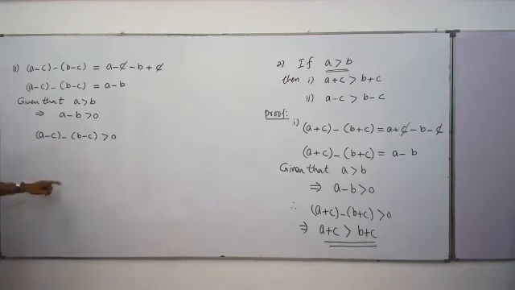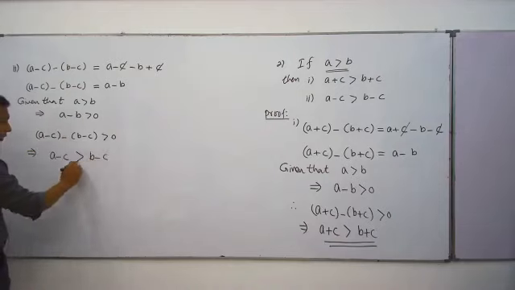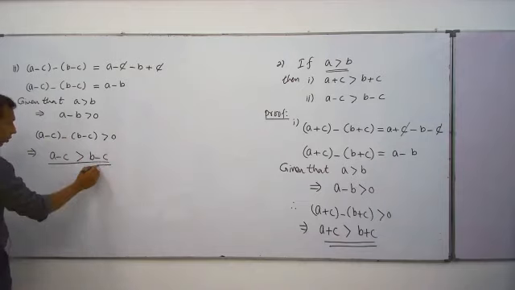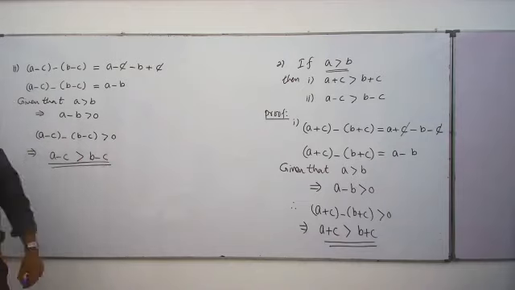That says, people, for this difference to be positive, definitely this number should be bigger than this number. Then this implies a minus c greater than b minus c. See here, this is how we prove that.